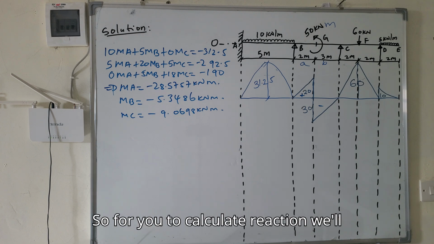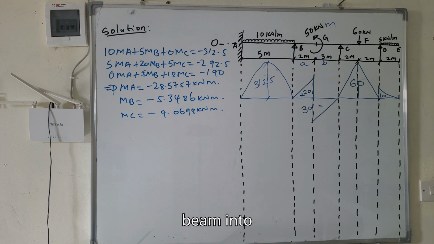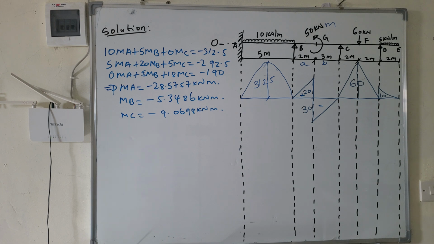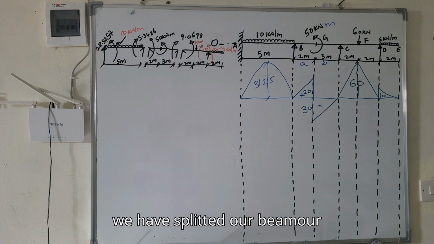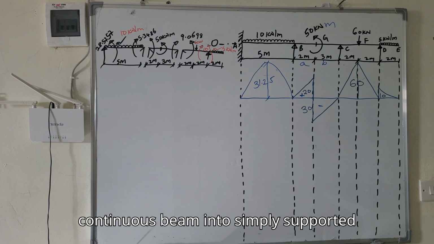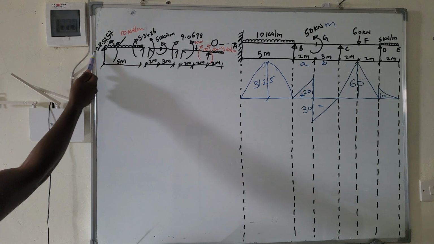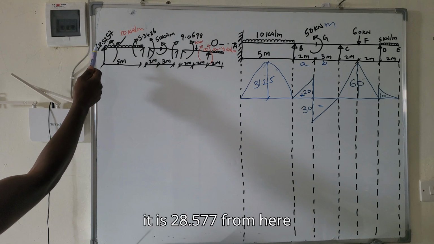To calculate the reactions, you will split this beam, which is a continuous beam, into simply supported beams, and this is how it will look. We have split our continuous beam into simply supported beams. As you can see here, we have a moment which we calculated, 28.577.